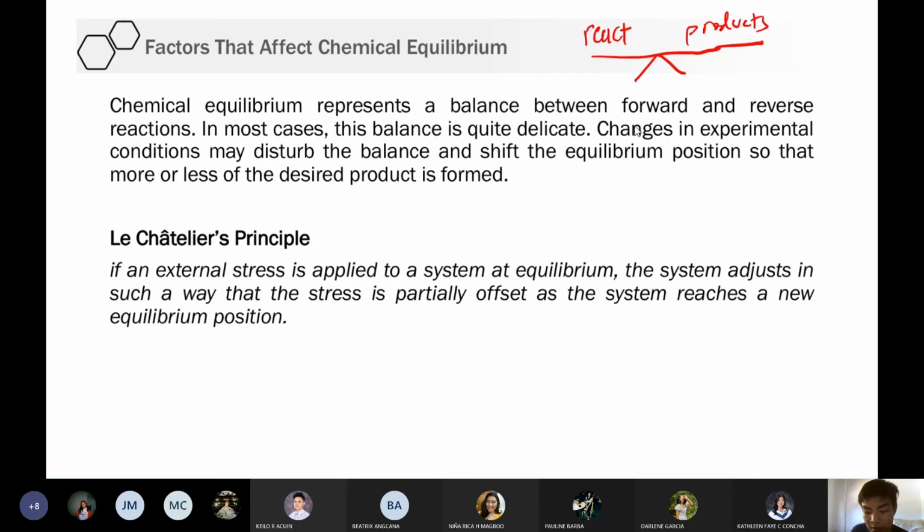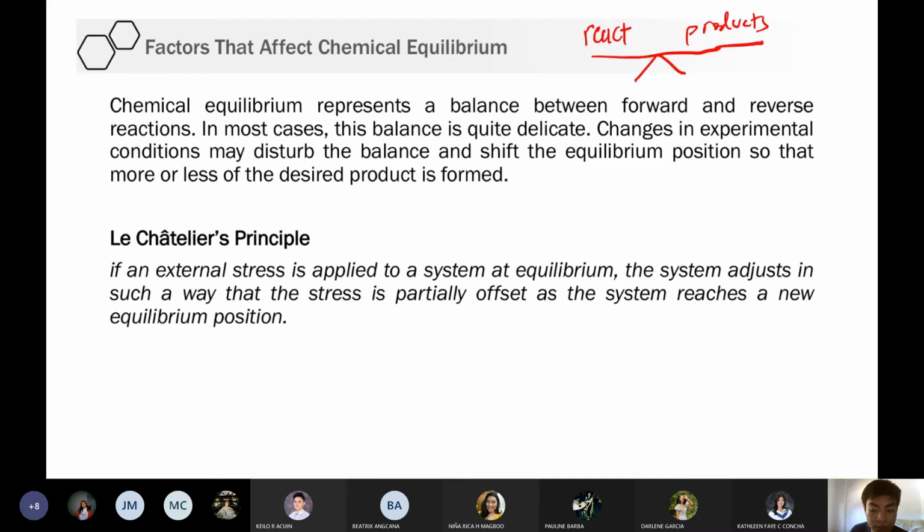It states that if an external stress is applied to a system at equilibrium, the system will adjust in such a way that the stress is partially offset as it reaches a new equilibrium position. So if we change the balance, the system will try to reestablish it.